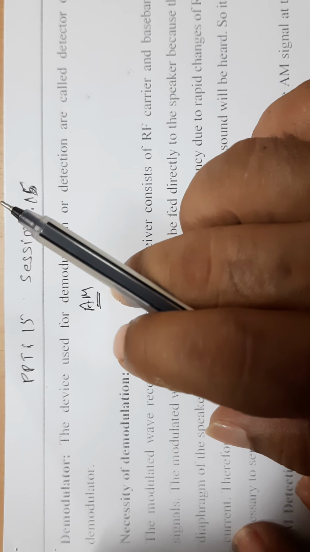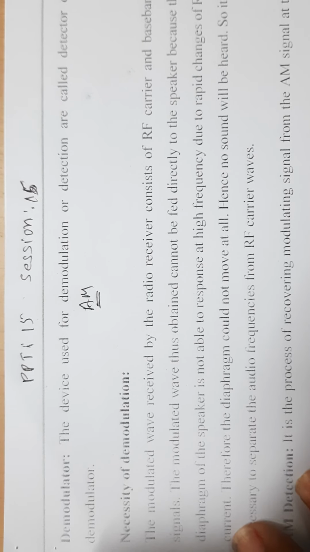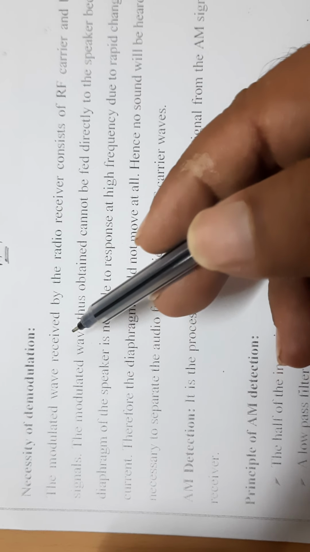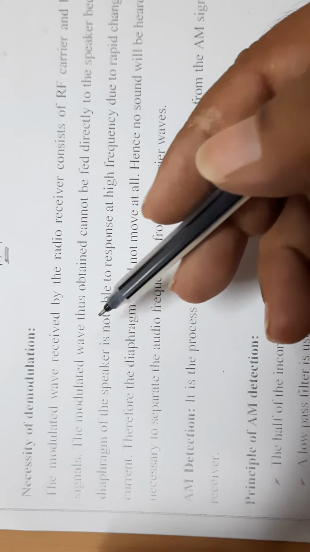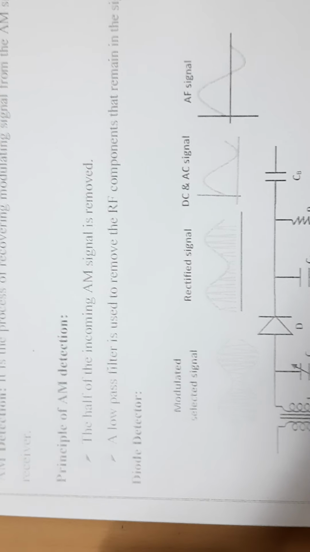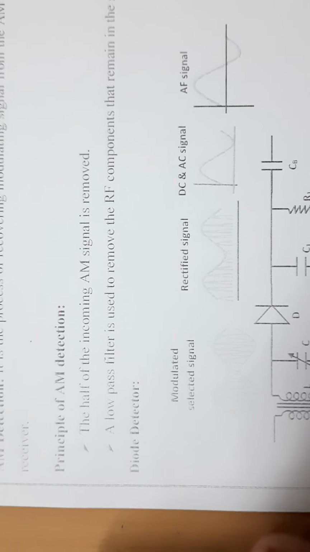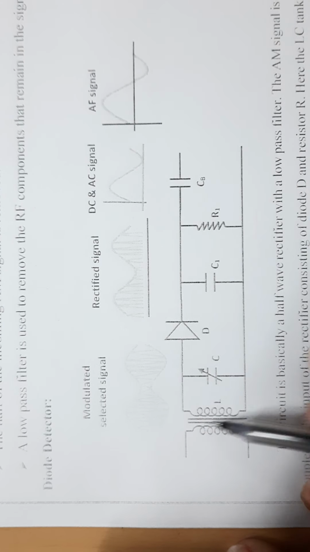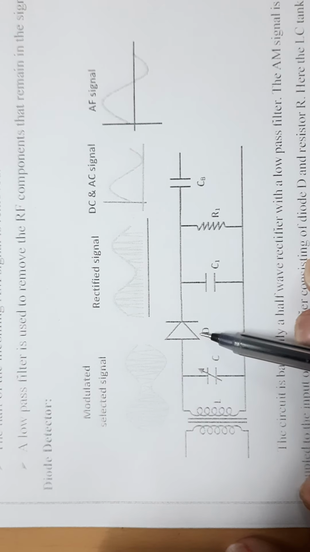There are different types of demodulation of amplitude modulated wave. Now let us discuss demodulation of amplitude modulated wave by a simple diode envelope detector. See, this is the circuit. This circuit contains a diode, and this demodulator circuit is called an envelope diode detector.